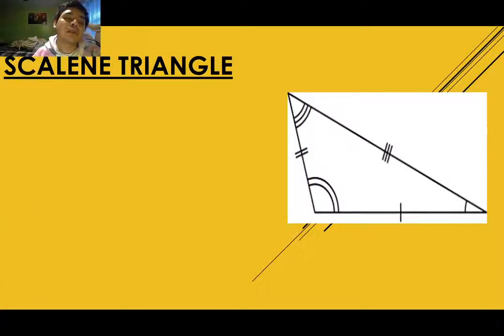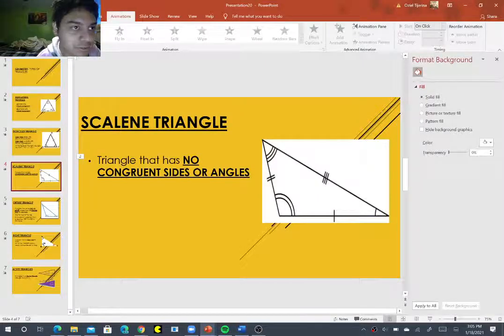Alright, so the other one that I want to go over is a scalene triangle. The scalene triangle just means that all of these, and there you can clearly see that they're all noted. You see how there's a one angle symbol here, and then we have a two angle symbol here and a three angle symbol over here. Okay, sorry guys, hold on.